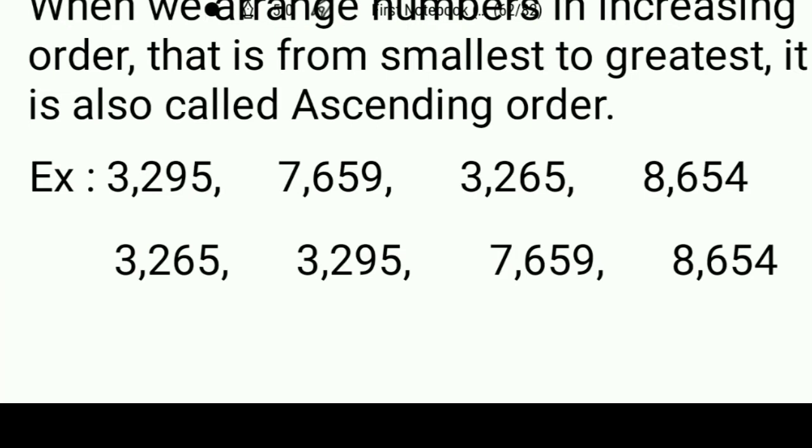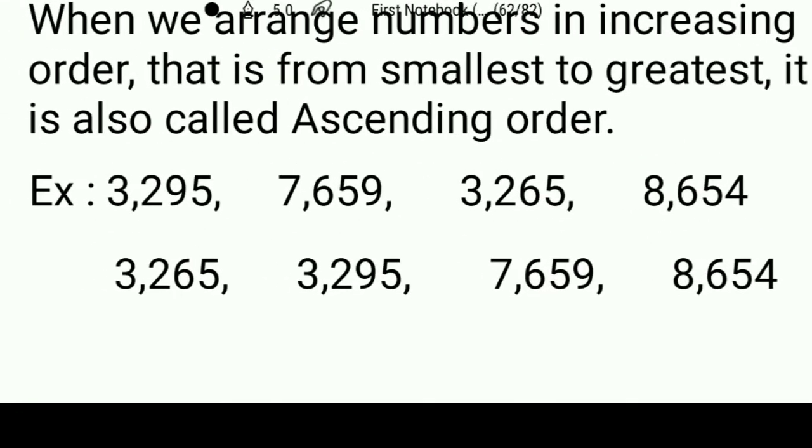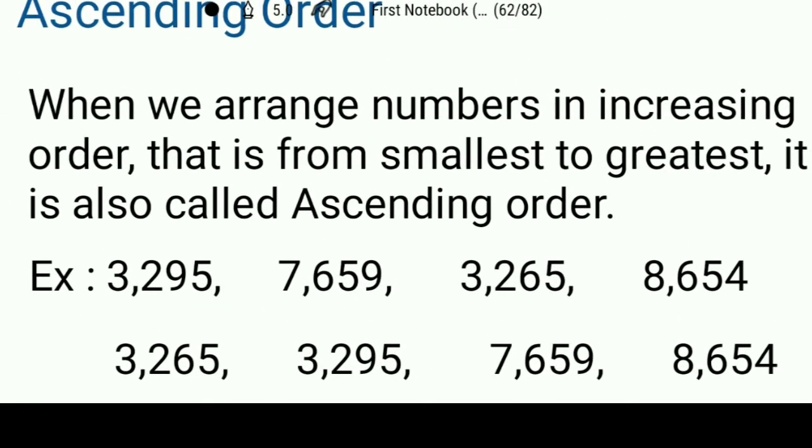So we will write like this: 3,265, 3,295, then 7,659 will come, and the last is 8,654 will come. So these are the orders. First one is descending order, it means decreasing order, and the second is ascending order, it means increasing order. So smallest to greatest and greatest to smallest.